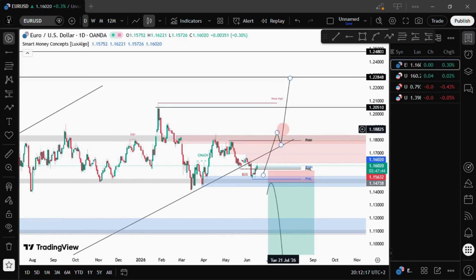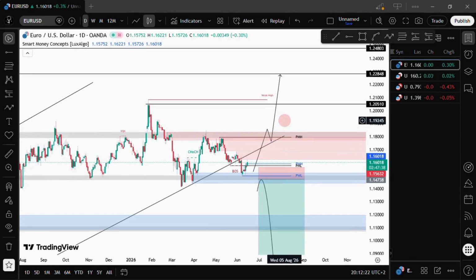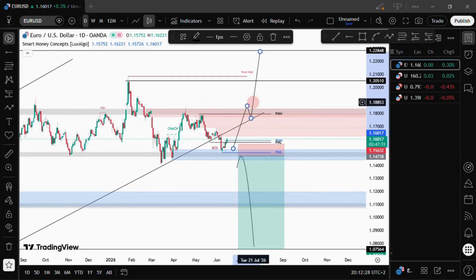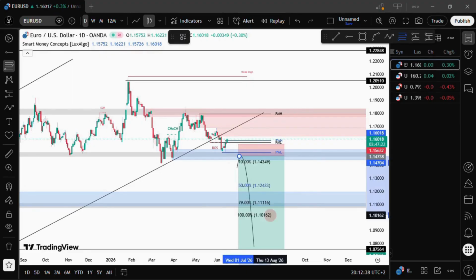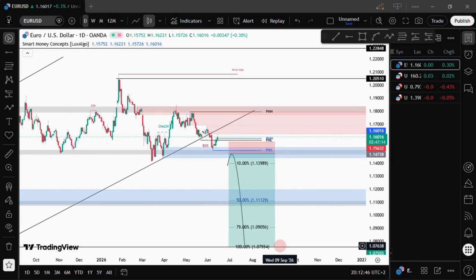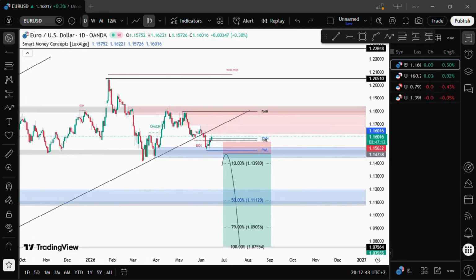Okay guys, and this is a significant level right here. Or the market might come towards this support area right here. Okay guys, so I could catch very huge moves in the markets as a swing trader.